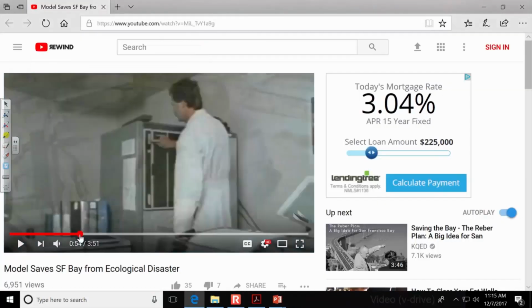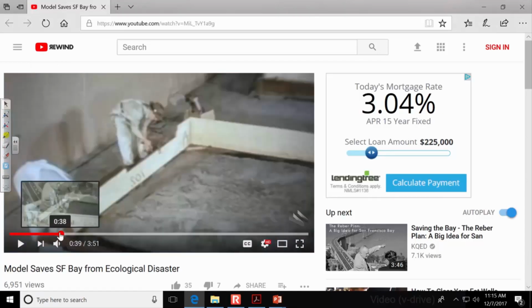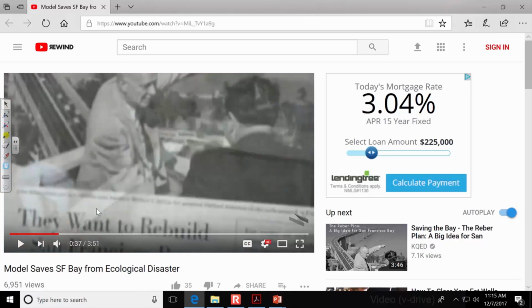Okay, so the purpose of building this model back when it was originally conceived was to test an idea. The idea being, should we put a couple of dams across the San Francisco Bay to turn it into a freshwater reservoir rather than what it is now, a mixture of the Pacific Ocean interacting with several rivers and estuaries that discharge into the bay.